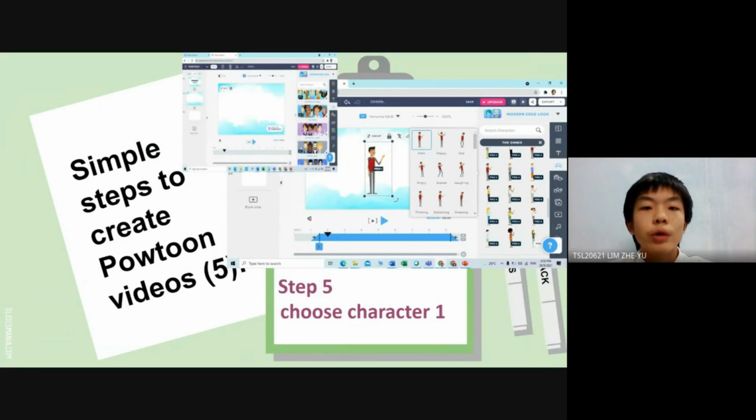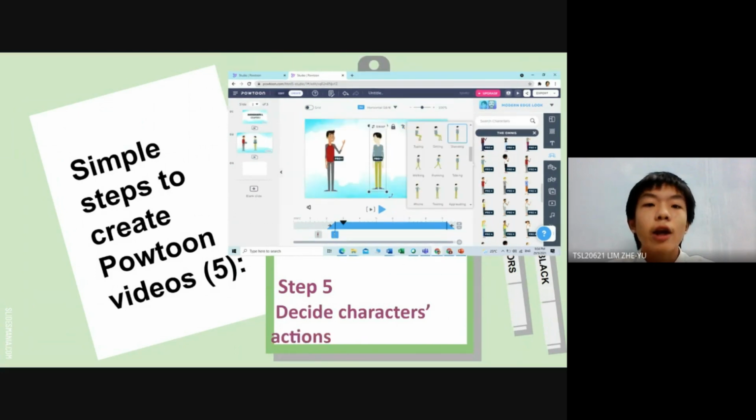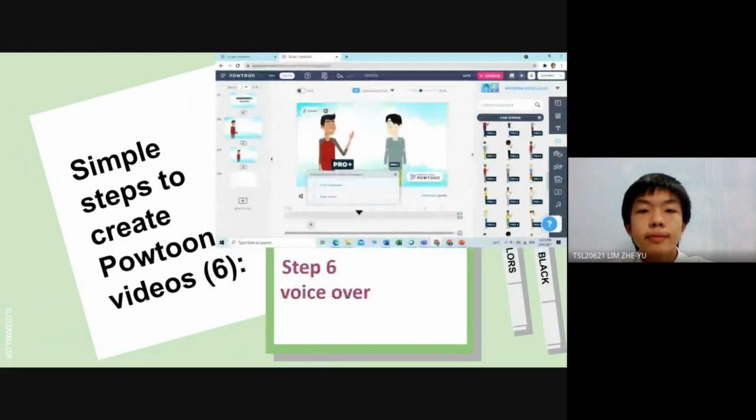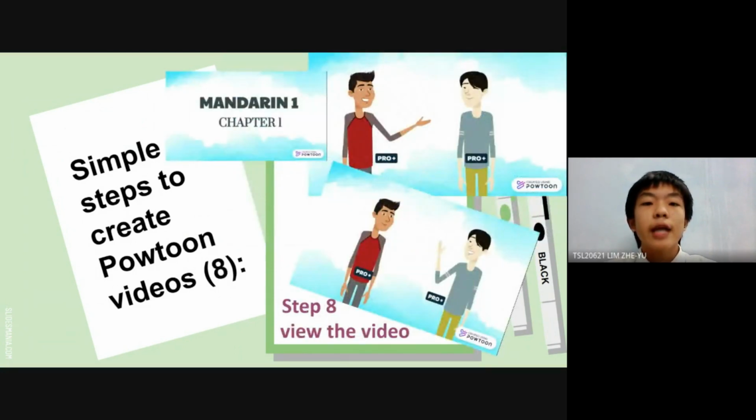Step 5 will include choosing character 1, choosing character 2, and deciding the character's actions. Step 6 will be the voiceover. Step 7, we will set the duration of time for each slide. Step 8, we will view the video to prevent any incorrect mistakes.